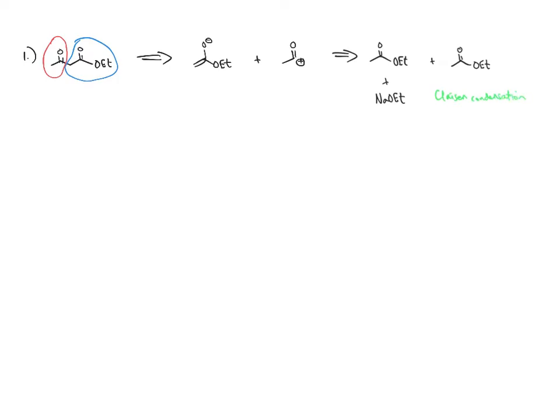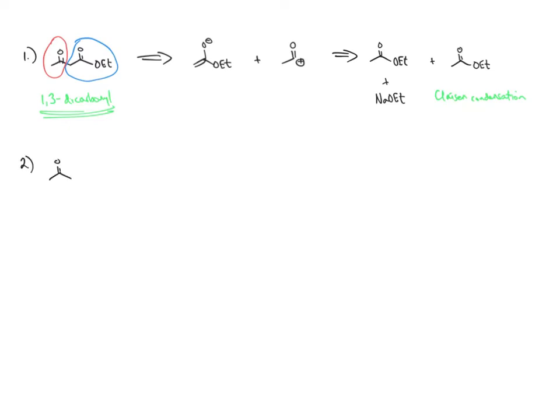And it comes from the fact that you have a 1,3-dicarbonyl, and you might recall that we talked about forming 1,3-dicarbonyls as coming from Claisen condensations. Just like we said that beta-hydroxycarbonyls come from aldol reactions. Now that's not the only way that you can disconnect that molecule.